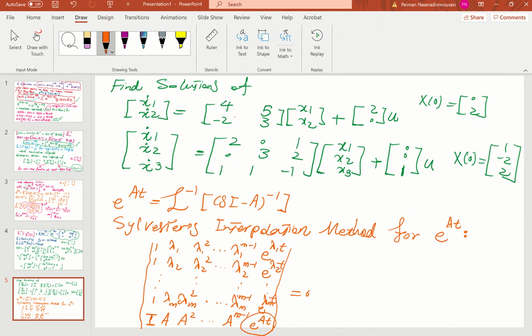You can find the matrix exponential through this. Understand?